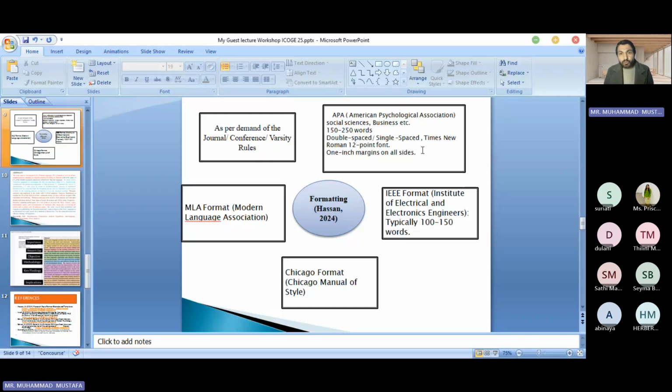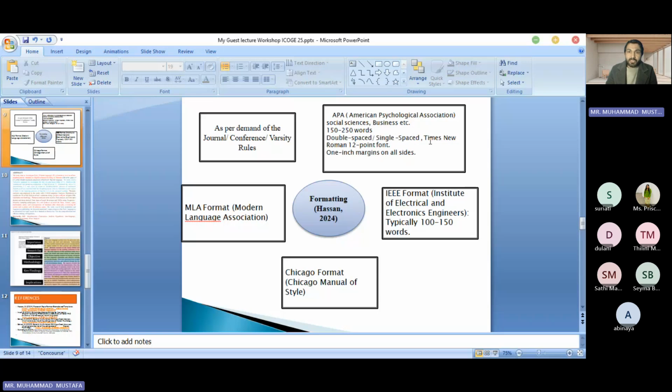But double space is the rule of APA. In abstract writing, we have the option of single space, because sometimes we cannot cover all the important things in a single paragraph, since we are not allowed to use a second paragraph for crafting an abstract.